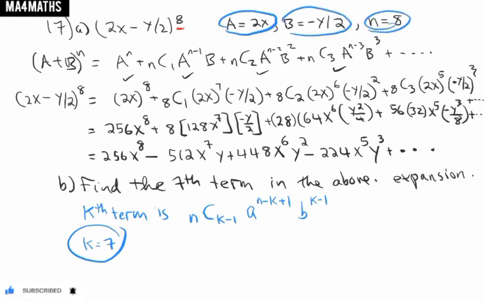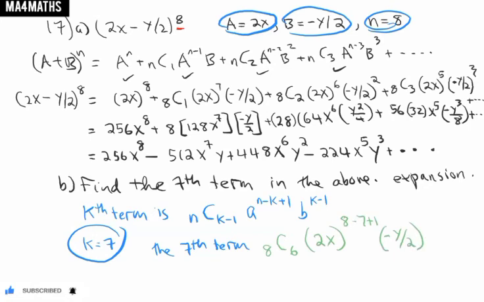So the 7th term will be, might use a different color, green maybe, 8 choose, k is 7, 7 minus 1 is 6. And what is a? 2x raised to n is 8 minus 7 plus 1. And b happens to be minus y over 2.